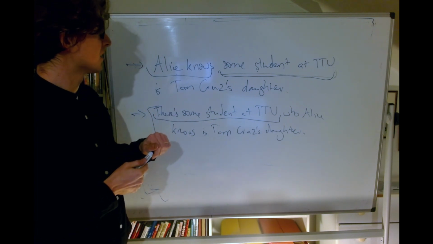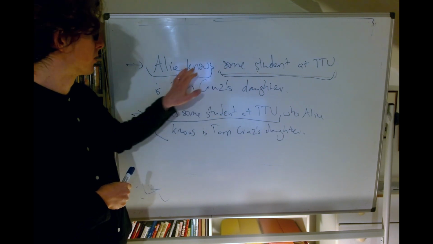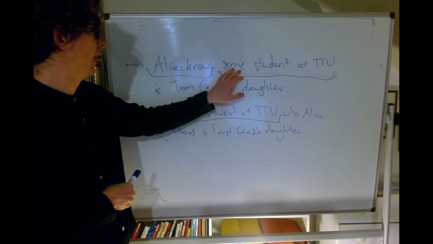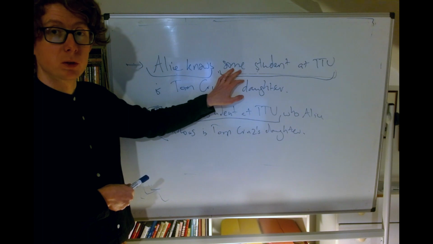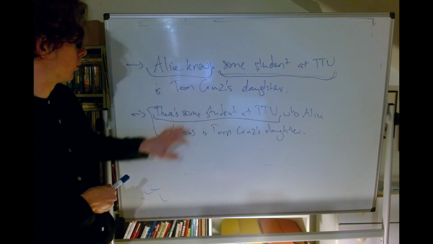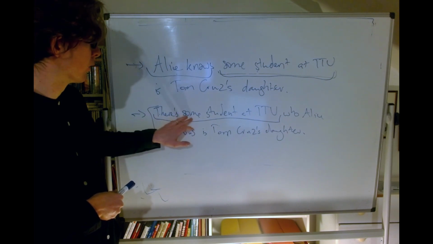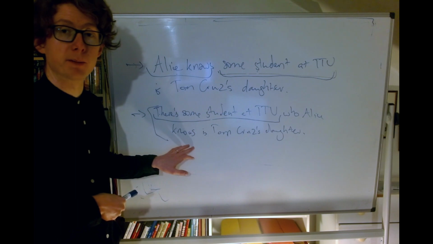We say that the quantifier takes narrow scope with respect to Alice knows when it's interpreted as coming after Alice knows. On the other hand, we would say it's interpreted with wide scope to Alice knows when we get this reading of the sentence, where it is as if we are understanding the some student bit as coming first and the Alice knows bit as coming second.